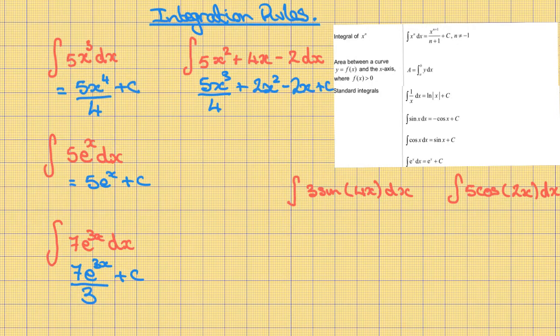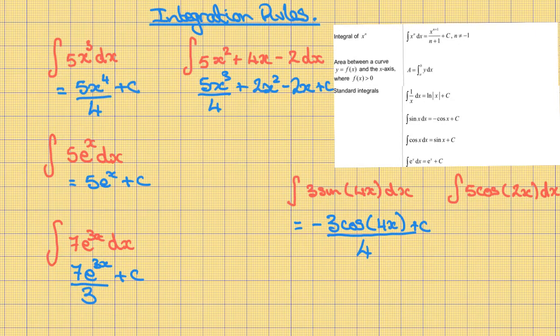Integrating trig functions. Well, the integral of sine x is minus cos x plus c, and the integral of cos x is sine x. So the integral of 3 sine 4x is equal to minus 3 cos 4x, the bracket remains the same, then divide by 4, the differential of the bracket, plus c.